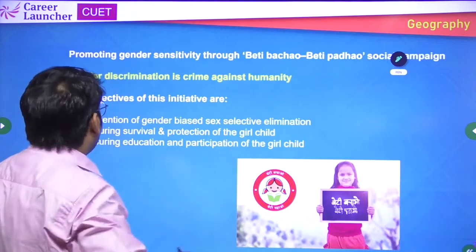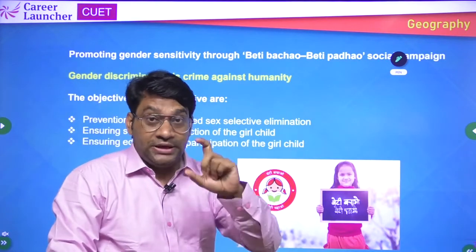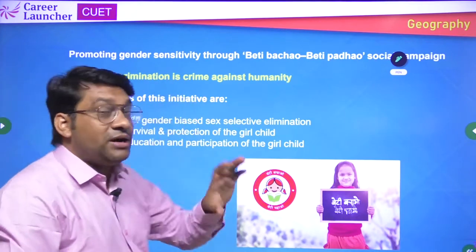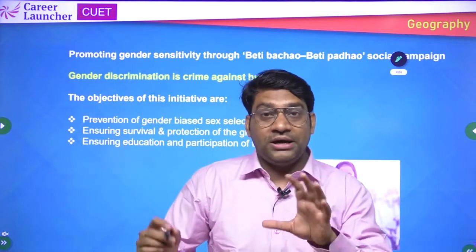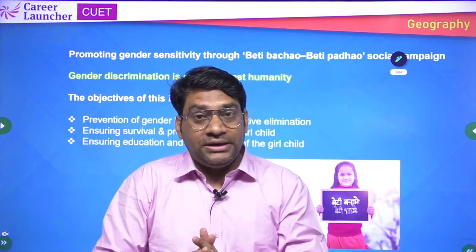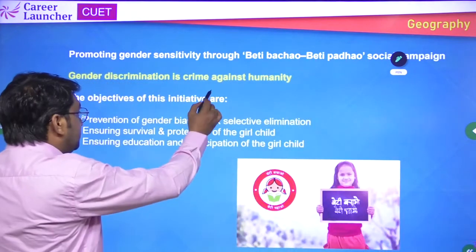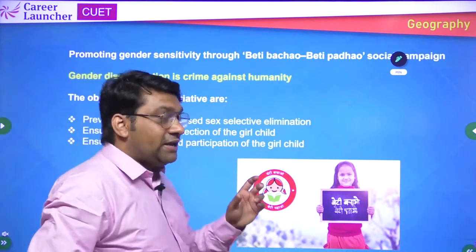Okay, now promoting gender sensitivity through the Beti Bachao Beti Padhao social campaign is very important. Okay, gender discrimination is a crime against humanity, because you know boys and girls is a biological reason, but this biological reason sometimes becomes very difficult in our society, and the objectives of this initiative are prevention of gender bias, sex selective elimination.